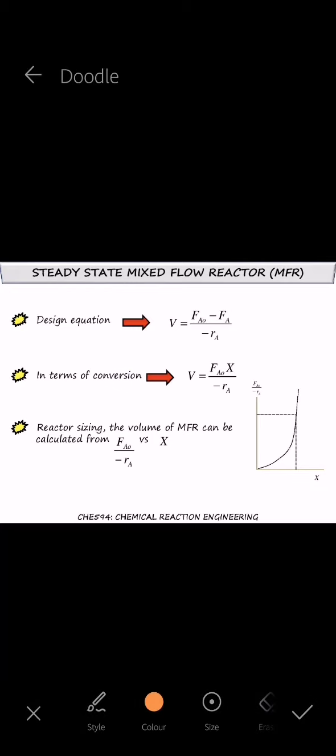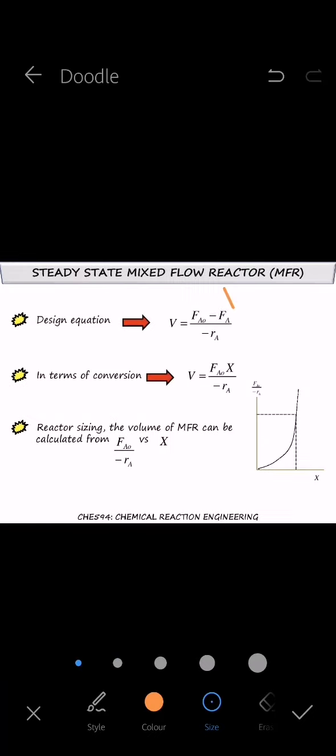So kalau dalam bentuk flow rate, it's flow in minus flow out. Oh, sorry. I'll start again.